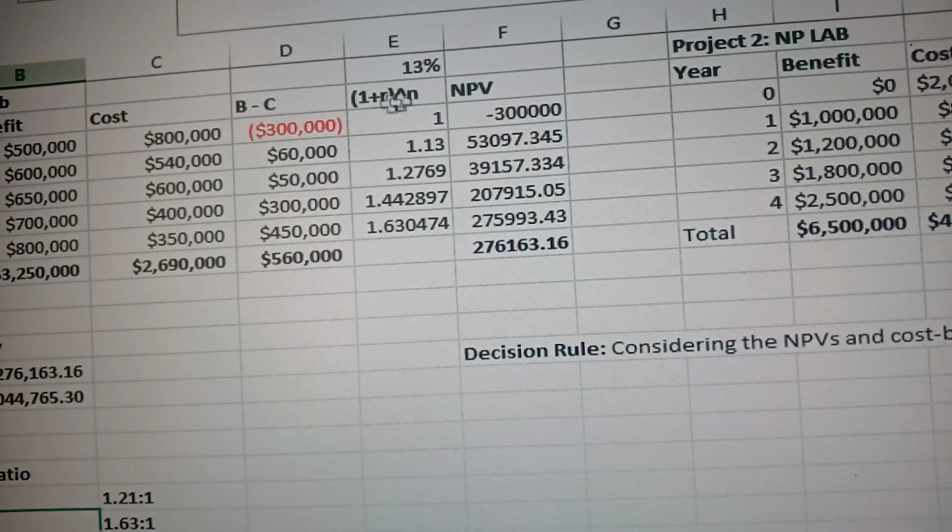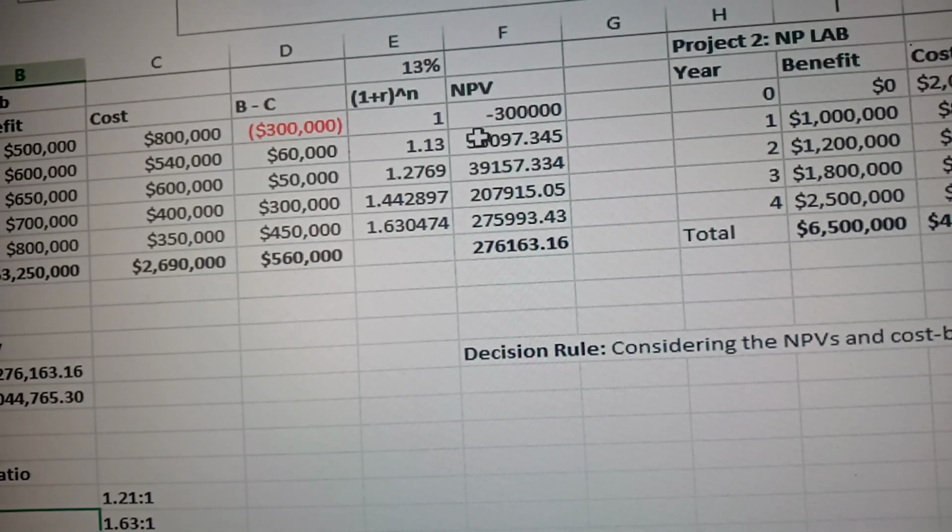With the help of Excel, you use this formula, and then compute for each of the years. The discounting factor for year 0 is 1, for year 1 it is 1.13, and the rest are computed the same way using the Excel functionality.